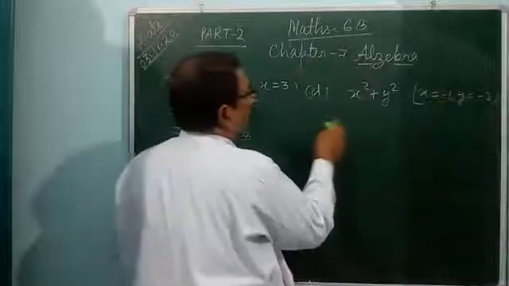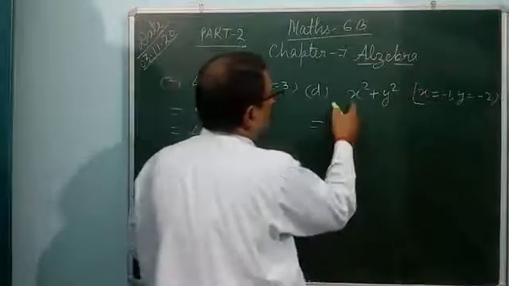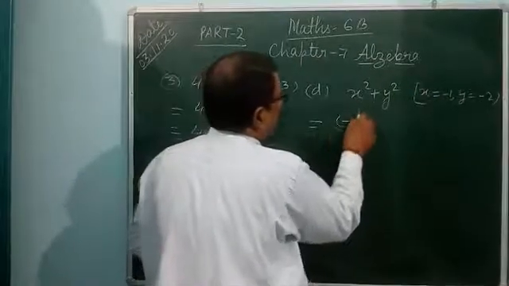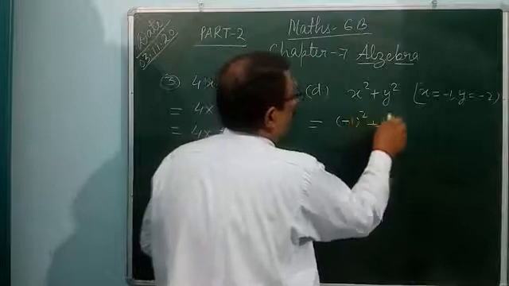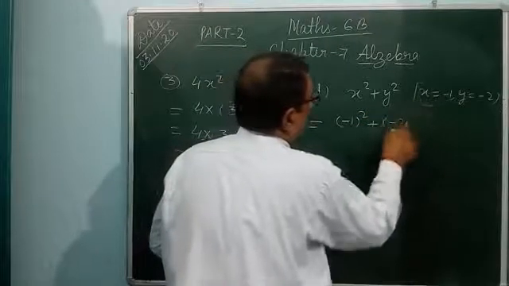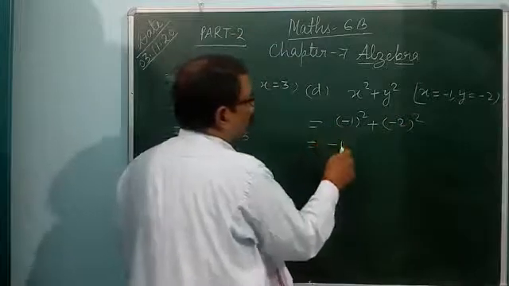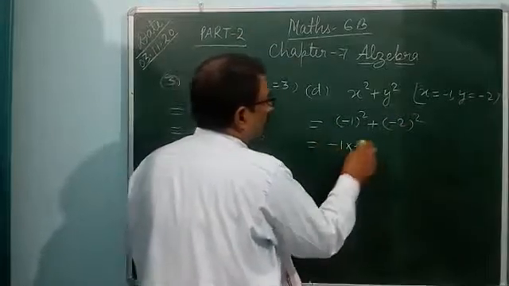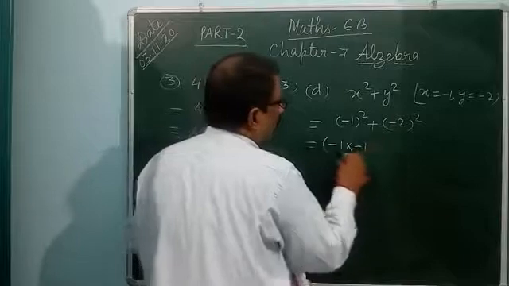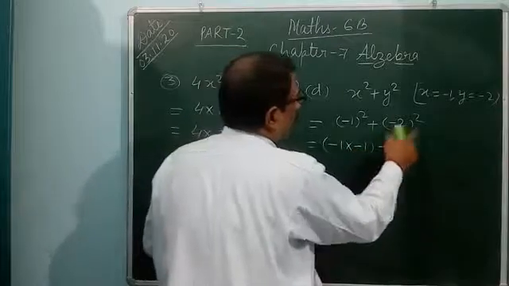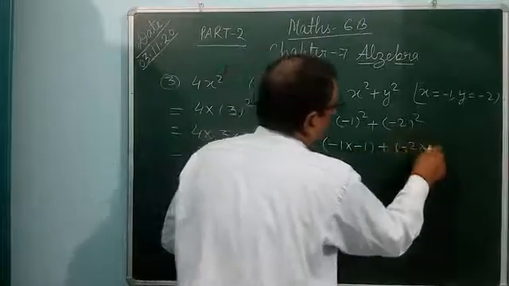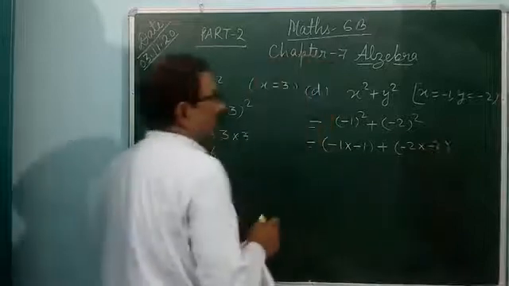You see, x is equal to minus 1 means in the place of x you write minus 1, plus in the place of y you write minus 2. It means minus 1 multiplied by minus 1. In one bracket you take plus minus 2 multiplied by minus 2, 2 times.